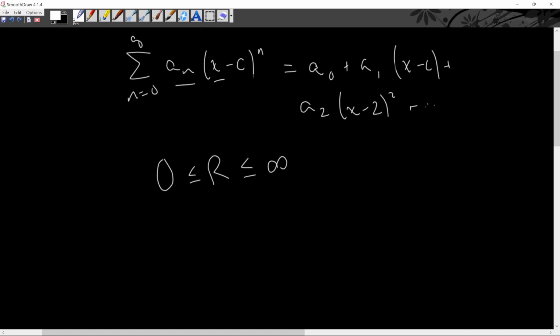For example, depending on what you have for this coefficient, we'll get to what a sub n can be in Taylor series in just a few moments, but if a sub n was this fraction that is decreasing, right?